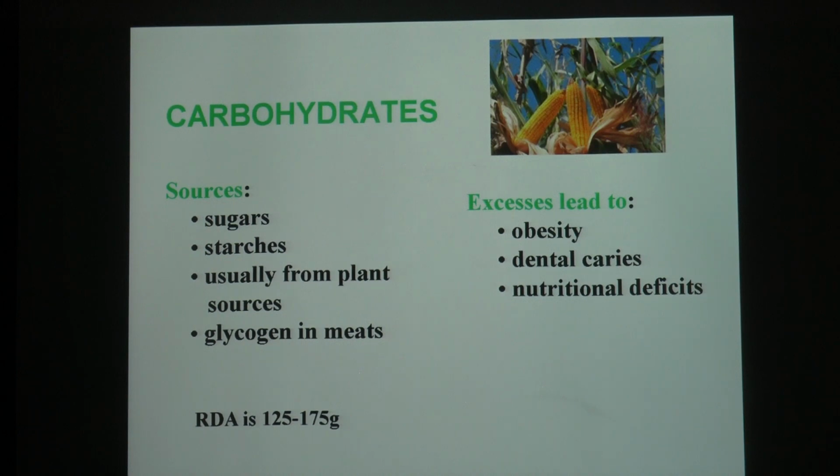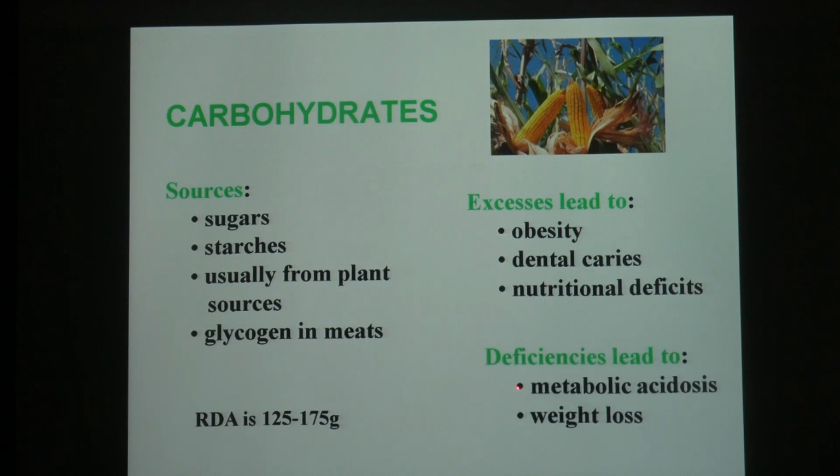And large amounts being dumped in at one time takes a big toll on the insulin levels that have to be manufactured by the pancreas. Okay, deficiencies can lead to what is called metabolic acidosis. When we get to chapter 25, I will explain exactly what metabolic acidosis is. If you do not have enough glucose rotating in the blood, it will cause significant issues with the body systems.